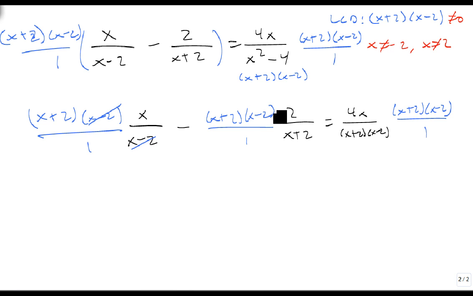Divide out what's in common, and we get x times x plus 2 minus x minus 2 times 2 equals 4x.